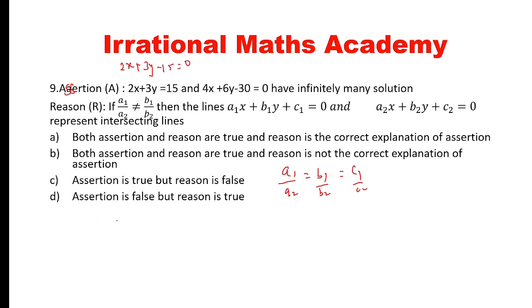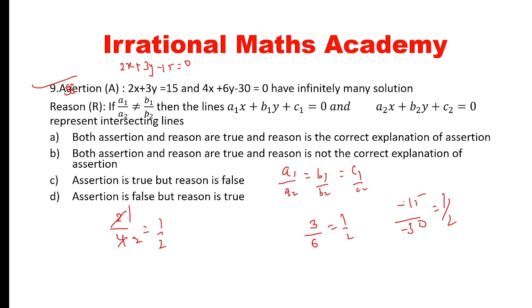From there, my a1 value is 2 and a2 value is 4, so 1 by 2 I'll get. Next, b1 value I'll get 3 by 6, which is also 1 by 2. And c1 value is minus 15 by minus 30, which is also 1 by 2. So it is satisfying the condition.